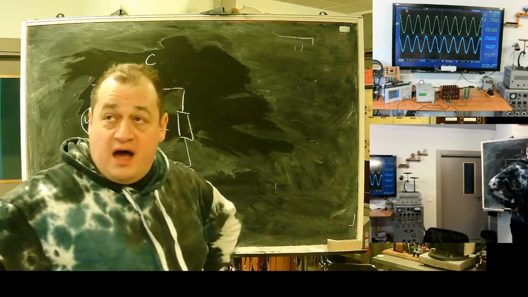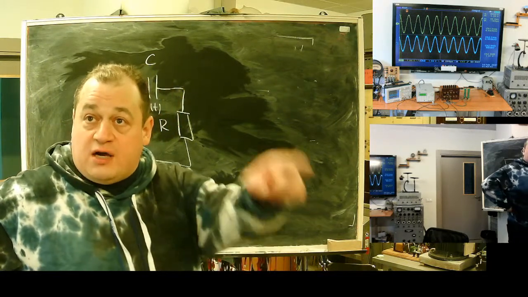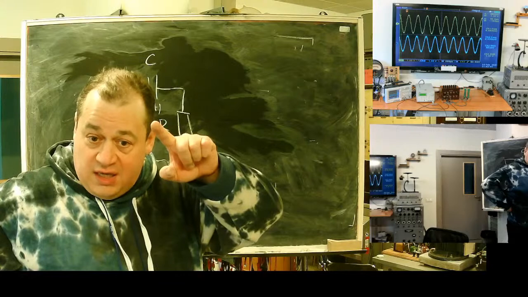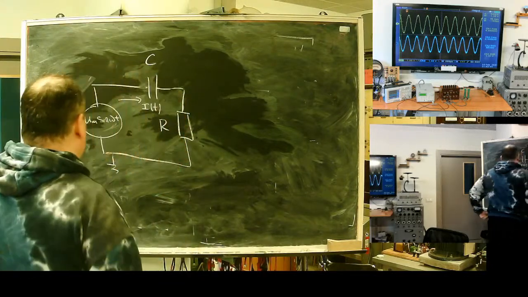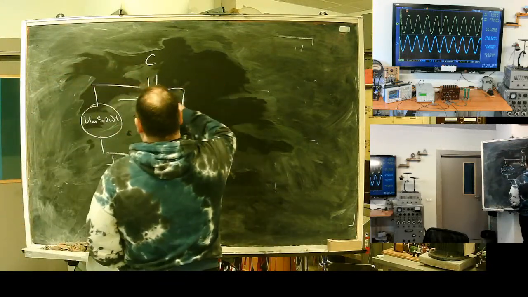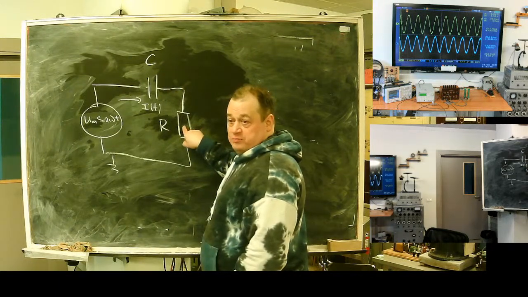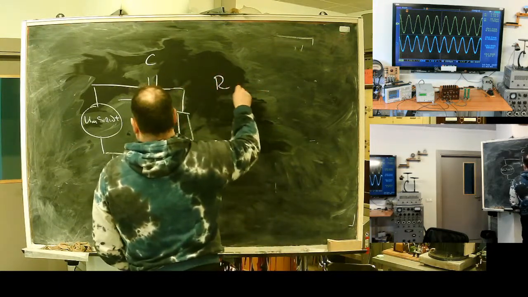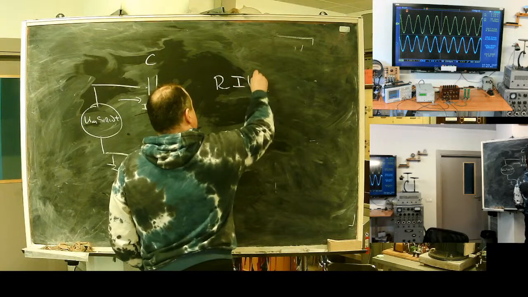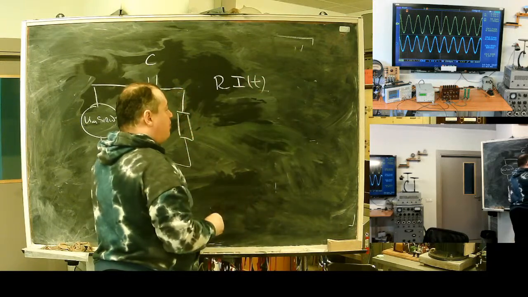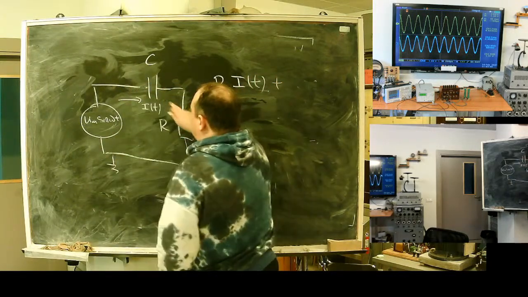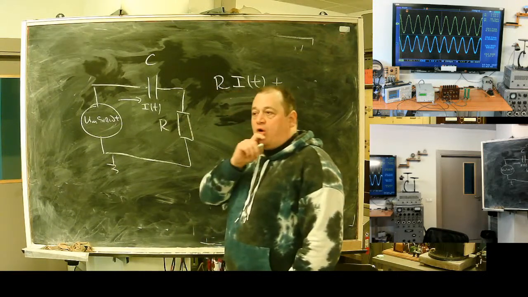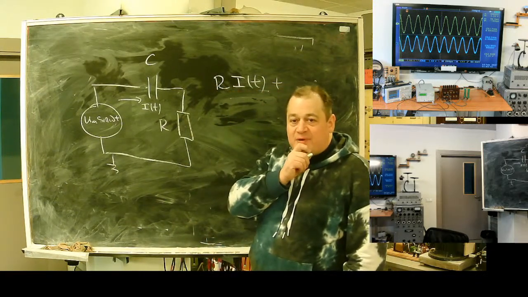Yeah, the sum of voltage drops on a closed contour equals zero. Okay? What will be the voltage drop on resistance? It's simple. Plus, what will be the voltage drop on a capacitor?